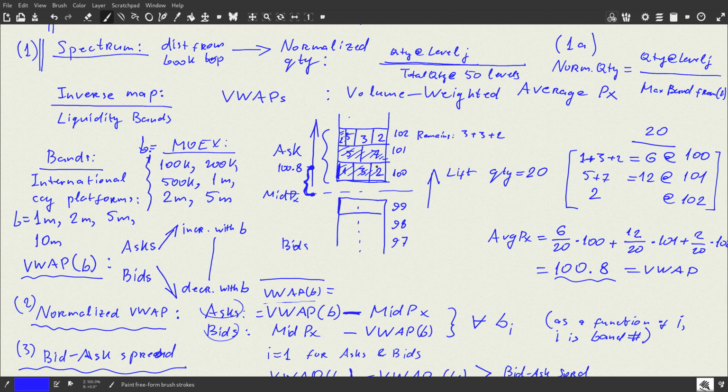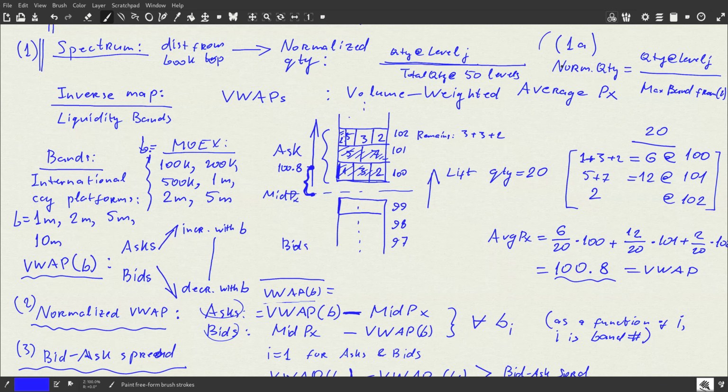But then if we consider the second band as a band of 20, it would include all the same quantities from the price 100 plus the whole of 101 plus part of 102. If you then consider the band of, let's say, 50, then it will include all of them plus upper levels and so on.